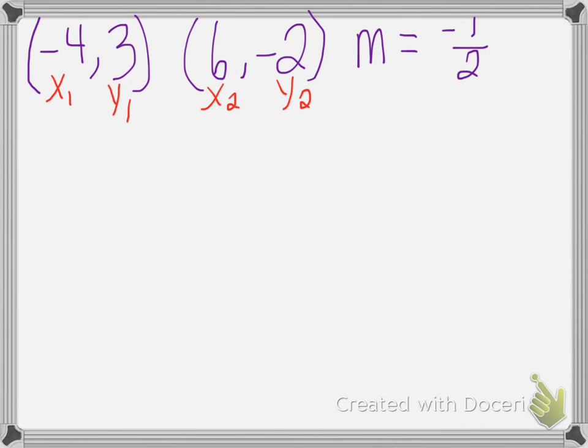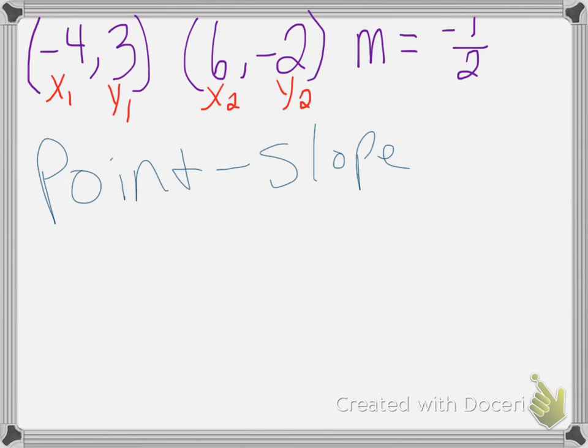Okay, so this is what we have. We have the points which were given to us, and now we know the slope. Now it's a little bit like the previous question. And I'm going to use the point slope formula. Why?